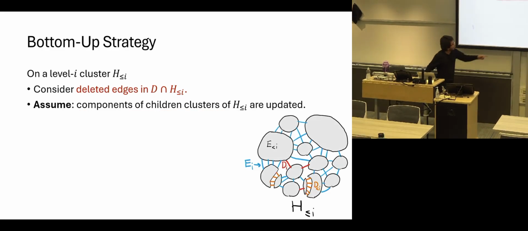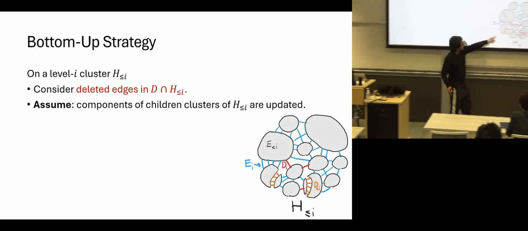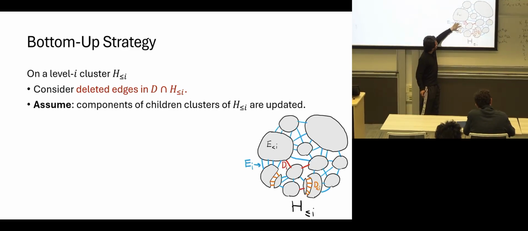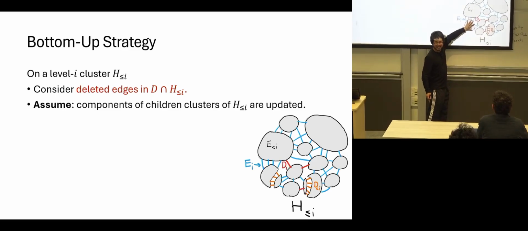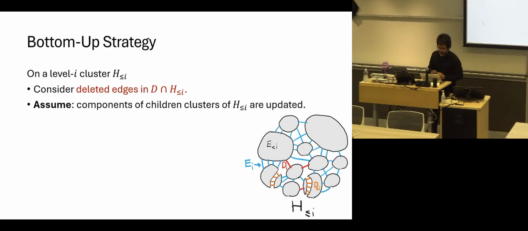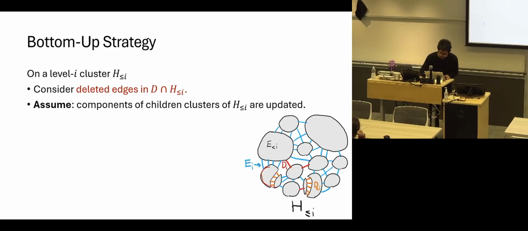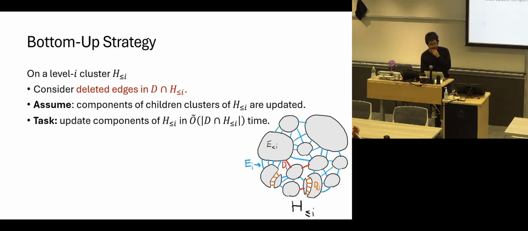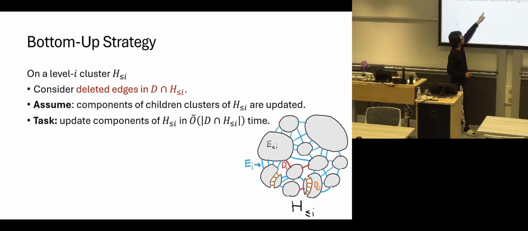For example, if things really get separated, you know that this component that was connected has now been separated into two parts, like this. So the lower-level child reports this component for you. But what we want to do now is update the connected components of H.